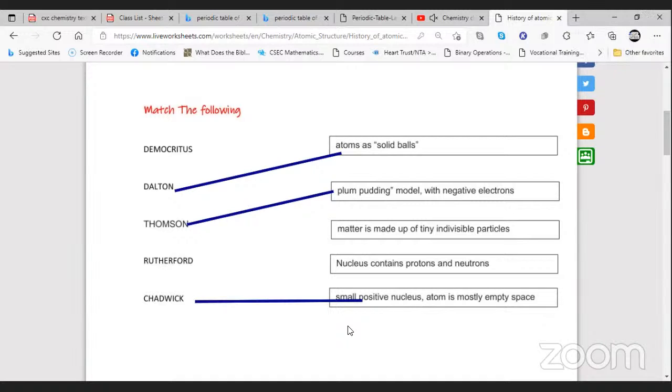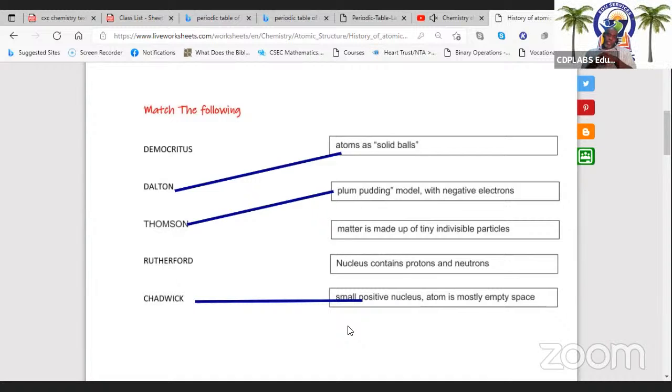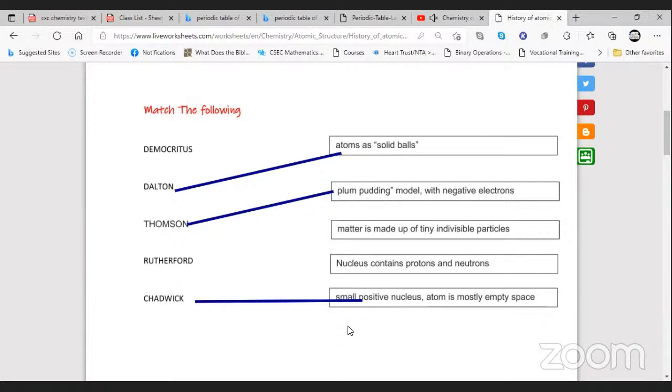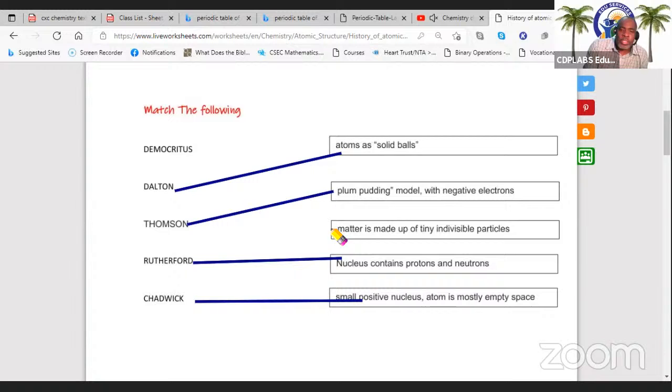Nuclear structure of atoms. Okay, structure of atoms. So which one is the answer then? Nucleus contains protons and neutrons. All right. So naturally we are saying that this one is this. All right, let's see if you all did a good research.